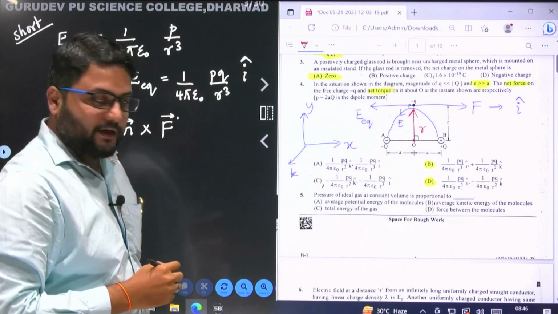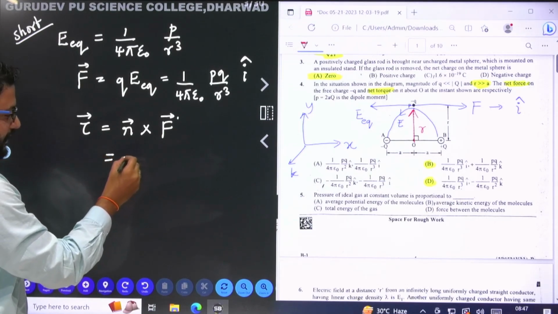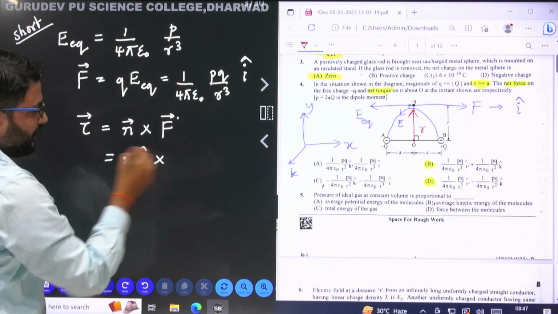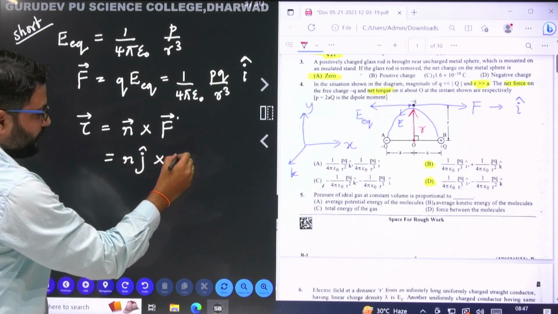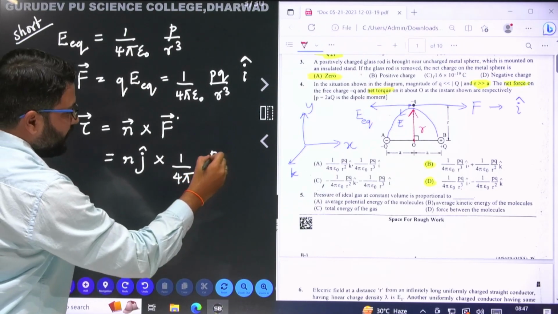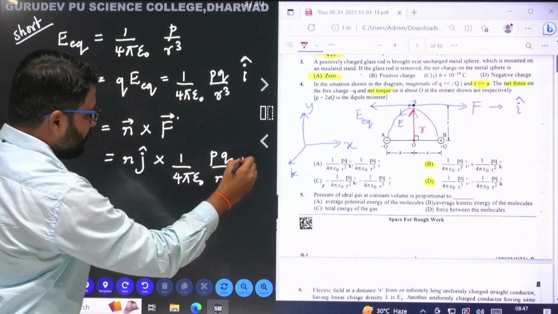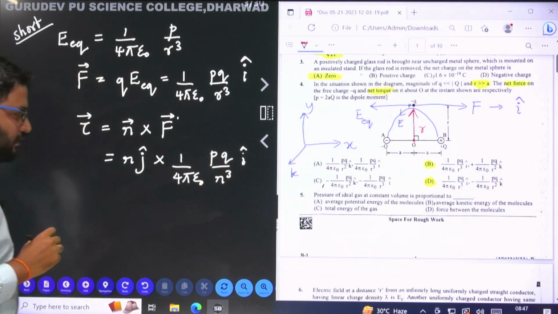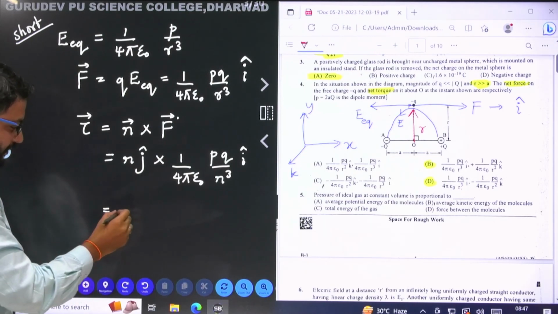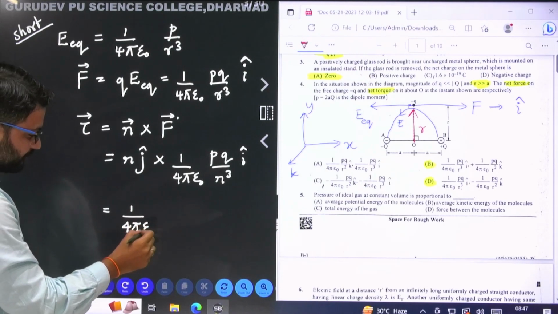If I write it here, I would get r j cap cross the whole term, that is 1 divided by 4 pi epsilon naught pq divided by r cube into i cap. So j cross i gives me, I think, a minus k cap.